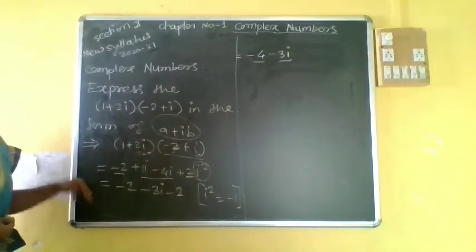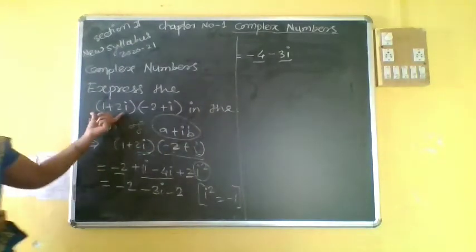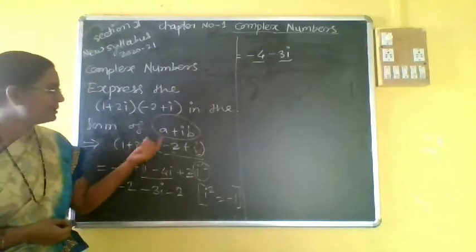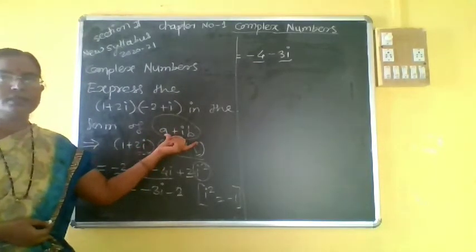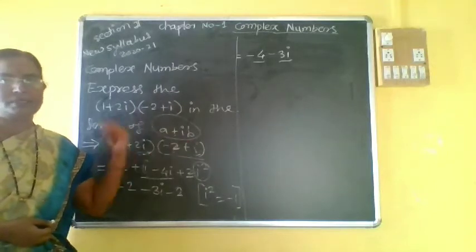Clear, students? This is how to multiply and transform the result into the format a + ib, which is the format of complex numbers.